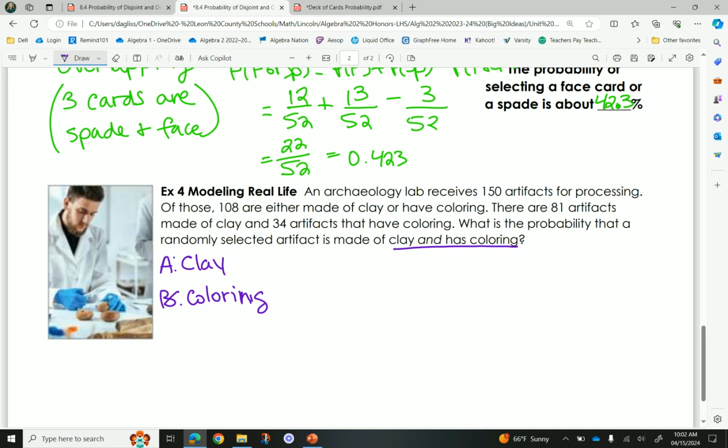It's overlapping. So the probability of clay or coloring is going to equal the probability of clay plus the probability of coloring minus the probability of clay and coloring.